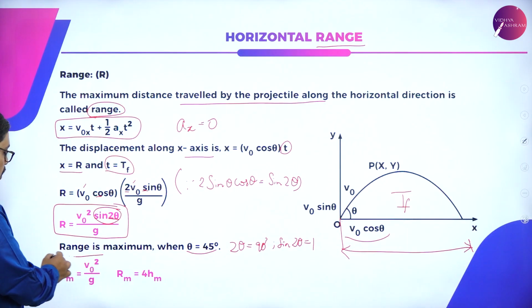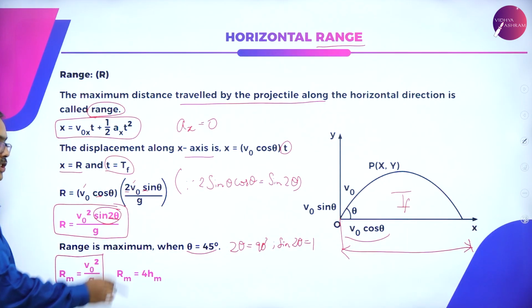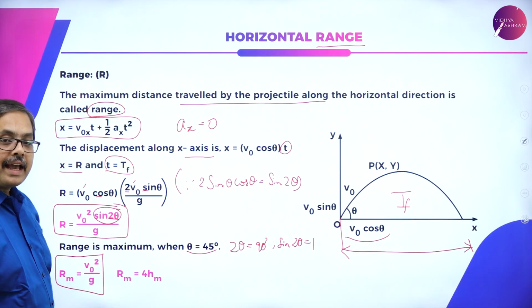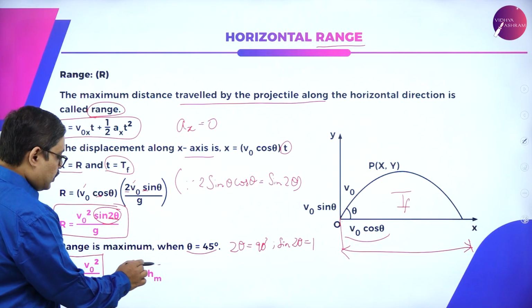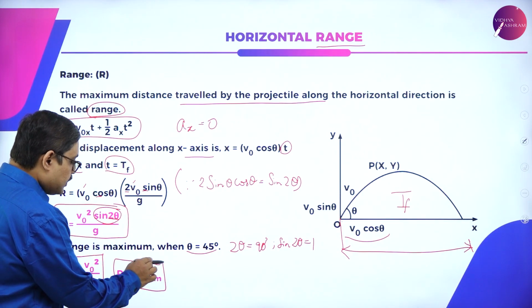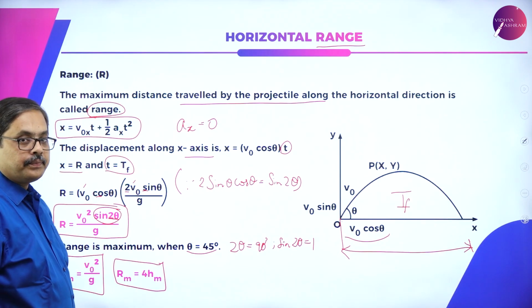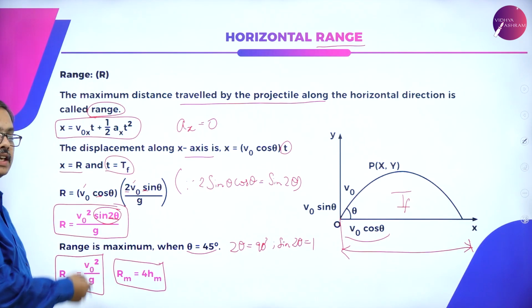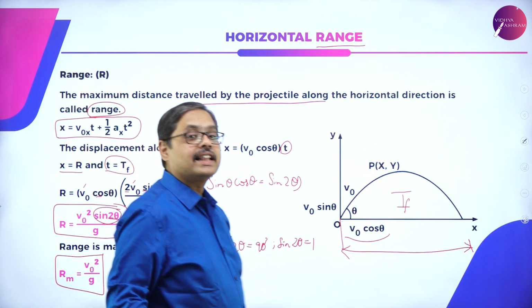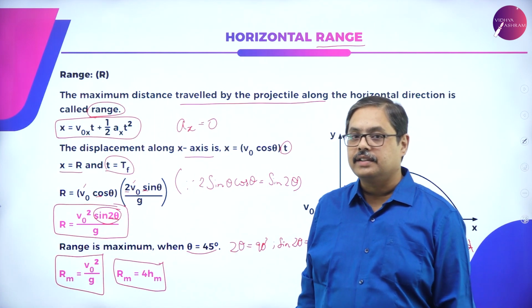R m is equal to v naught squared by g. Similarly, for maximum range, I can also derive the expression stating that it is 4 times the maximum height reached by the projectile. Okay. So please remember these equations. We will require them when we are solving some numericals.